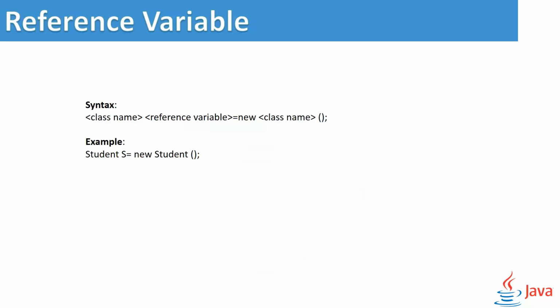Suppose a student variable is taking a reference to an object of Student, then it will always contain the reference of its student object and also the hierarchy of the student object. The same will be discussed in detail in the inheritance video, where we will also give some examples for reference variables.